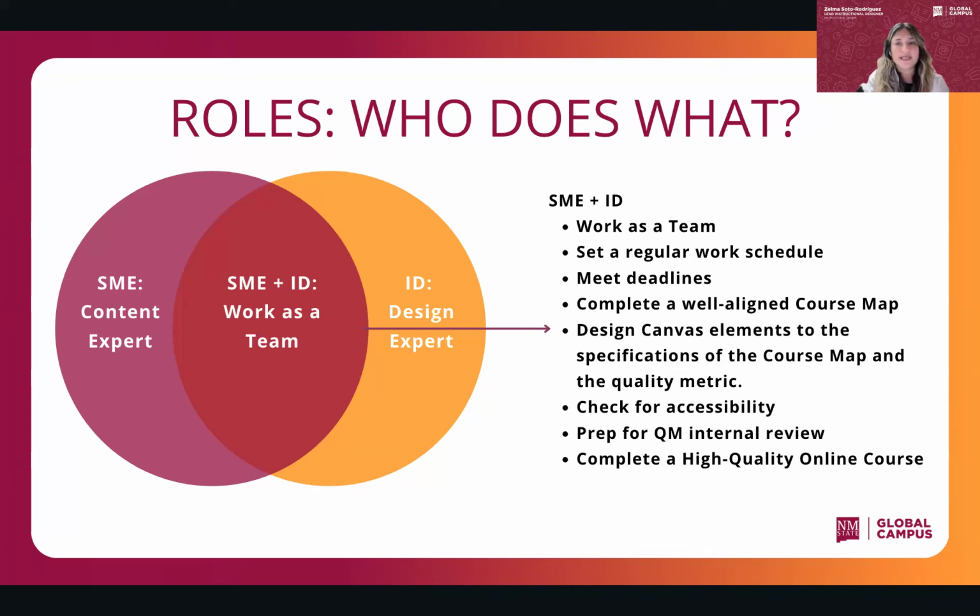And this teamwork ensures that we develop course elements according to the specifications of the course map and the quality metric, which is QM, Quality Matters, while checking for accessibility, usability, readability, all the abilities. And by working together, we are getting prepared to submit the course for an internal review, ultimately leading to the creation of a high quality online course. So it's more clear who does what at this point.